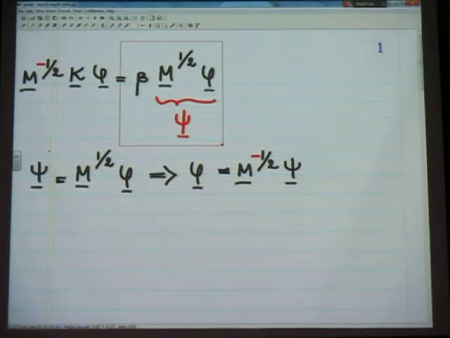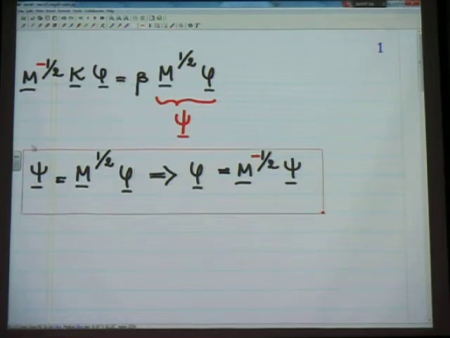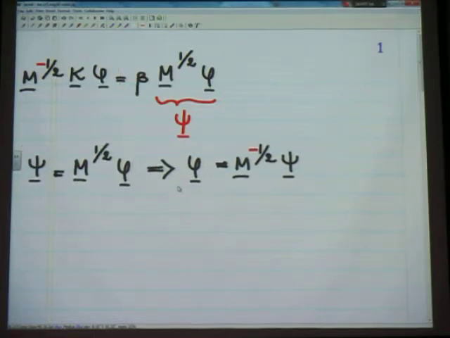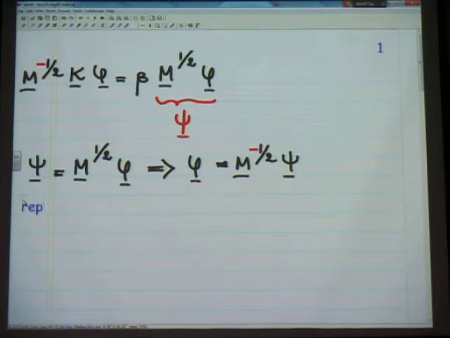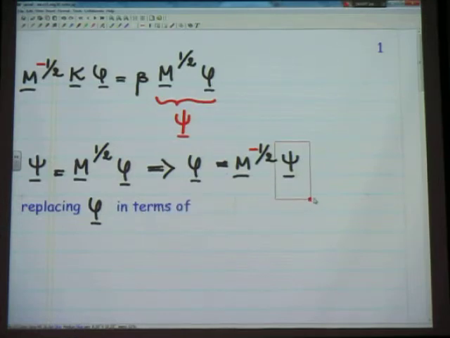This part you can leave here. And so, replacing phi in terms of psi, the new eigenvector in the left hand side we have.